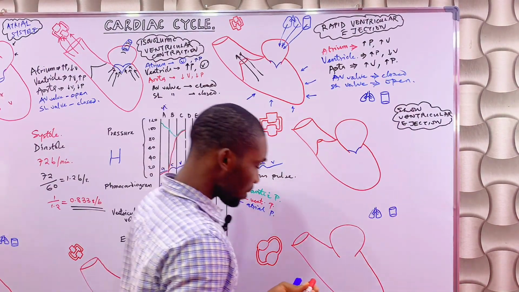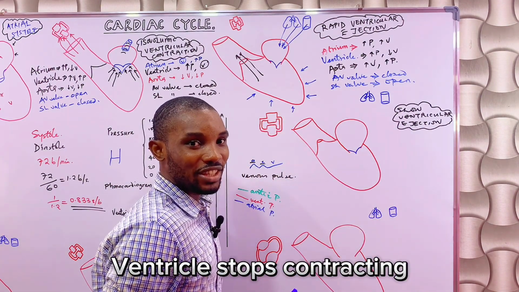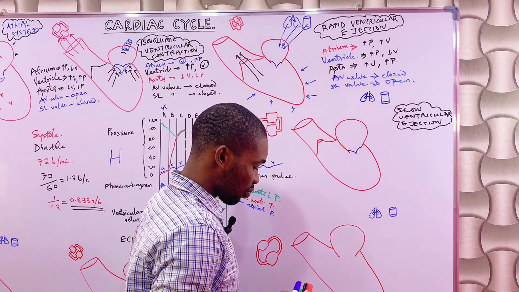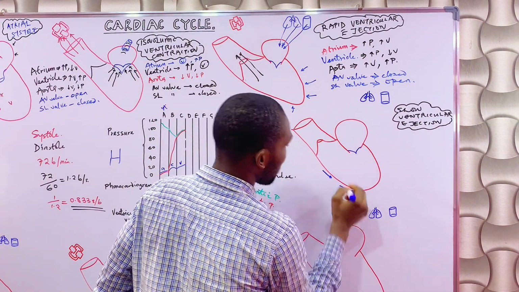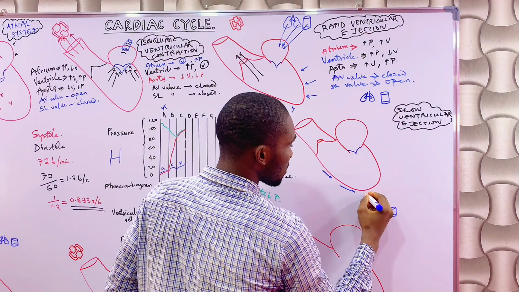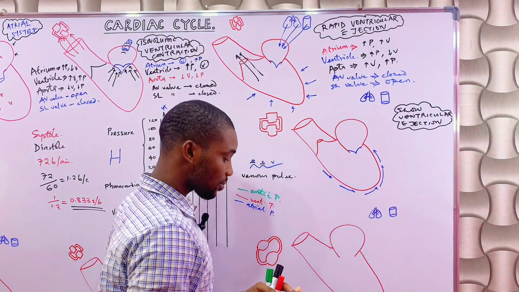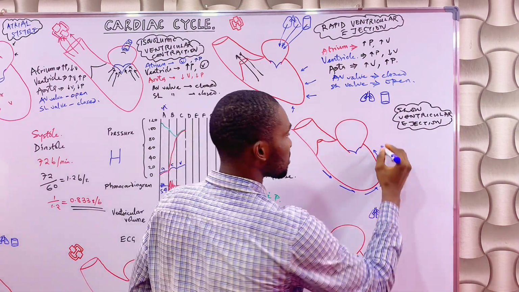Now, in this phase, the ventricle is not contracting, all right? It has stopped contracting. So the ventricle stops contraction. Let's say there is no contraction. Remember previously it was contracting, right? So there is no contraction within the ventricle, all right? Now, what happens? Let's talk about the atrium first.